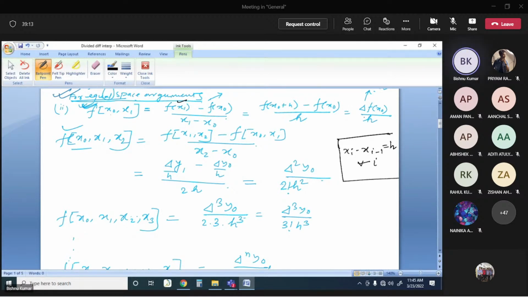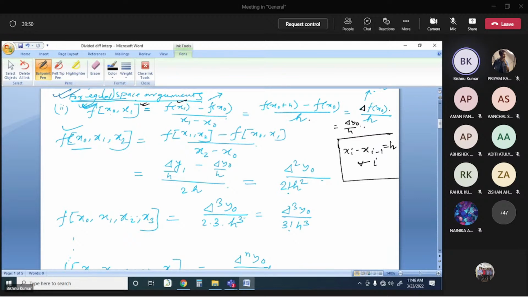That is nothing but y1 minus y0, which is del y0, that is del of f of x0. And x1 minus x0 is h. So the first divided difference of two arguments is nothing but del y0 by h.